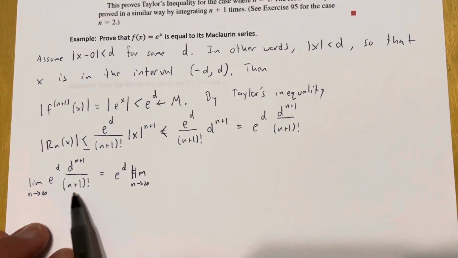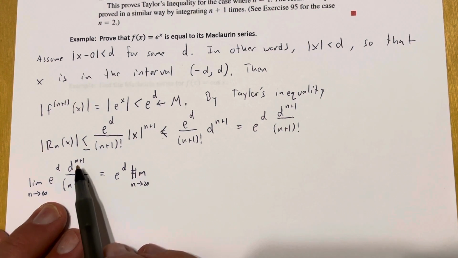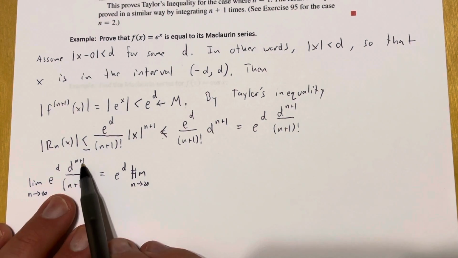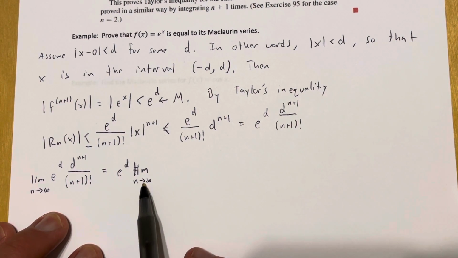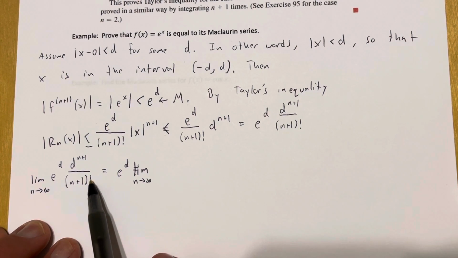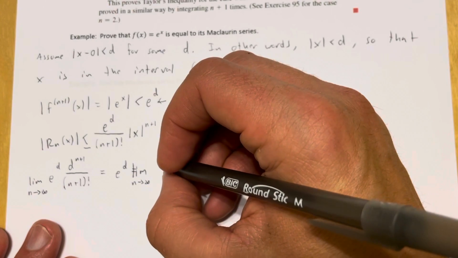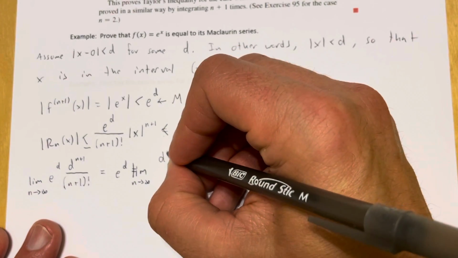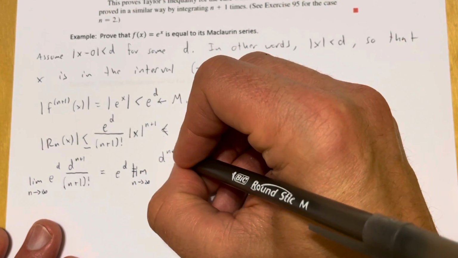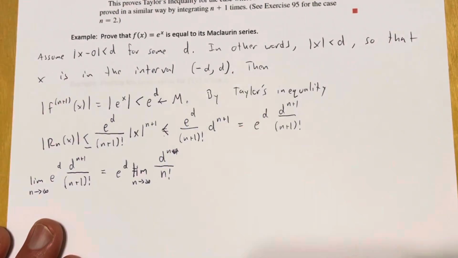Notice also that as n goes to infinity, n plus 1 also goes to infinity. So I can swap these n plus 1s out for n's if I want to, because in either case, this exponent and this factorial are going to infinity. So I can also write this as d to the nth power over n factorial. It's the same thing, right?